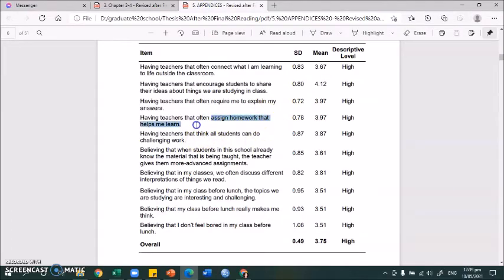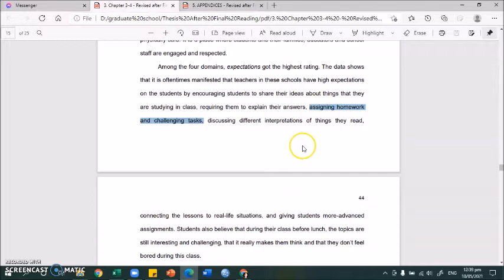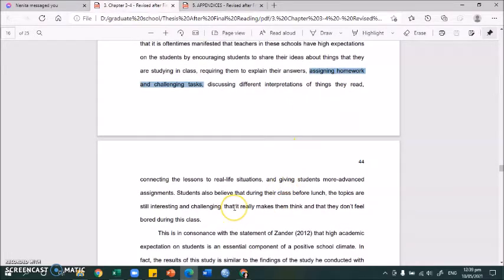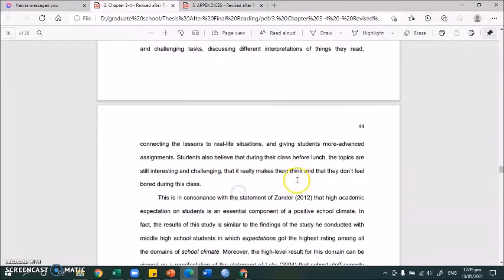Okay, assign homework. Okay. Having teachers that think all students can do challenging work. Okay. Discuss different interpretations of things we read, ganon. So, i-rephrase na yan, isa-isa. Lahat ng very high at saka high. So, andyan na yan. Yung the same ang thoughts. And then, yung different naman ang thought, pwedeng another sentence.